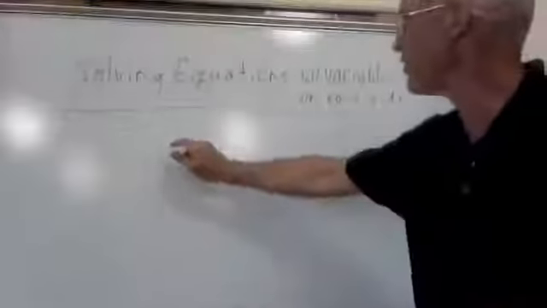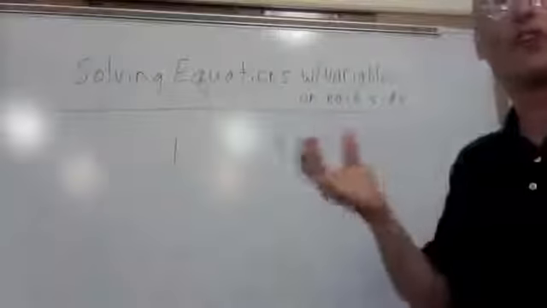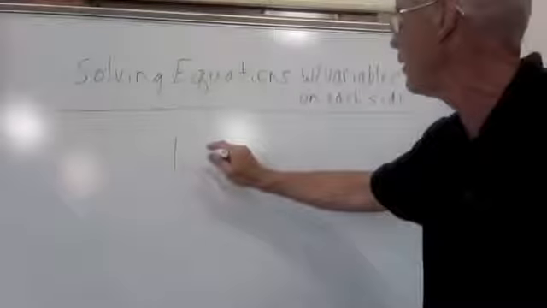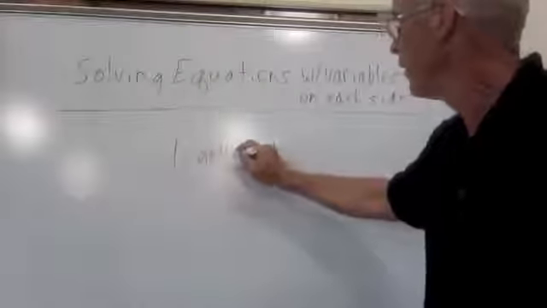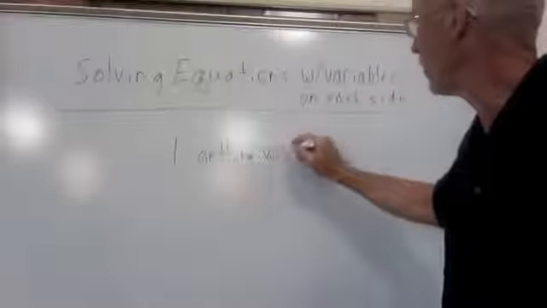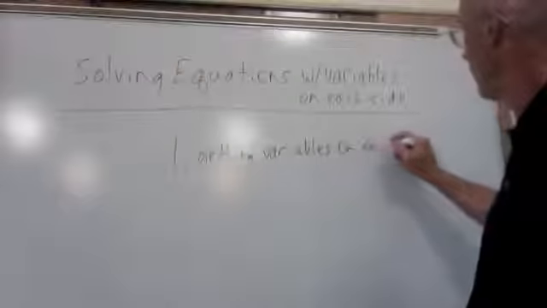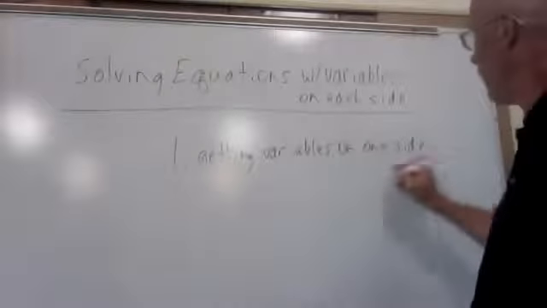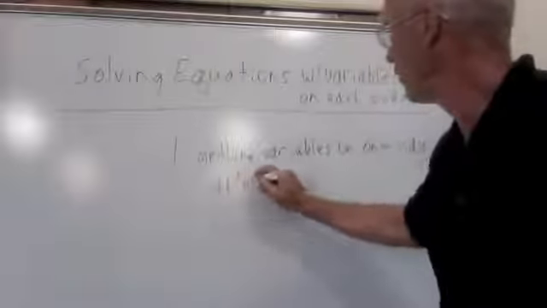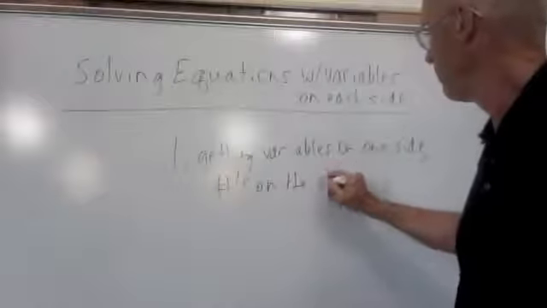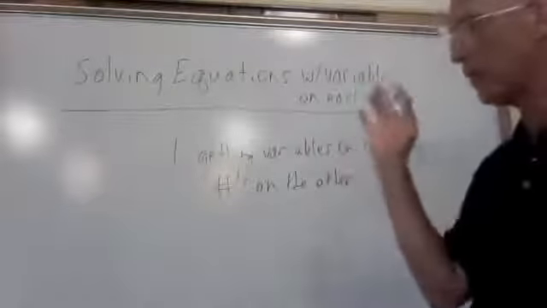So the steps that I always think you should do on these kind of problems: your general strategy is always going to be getting variables on one side and the numbers on the other. So that's your general thing you're keeping in mind.